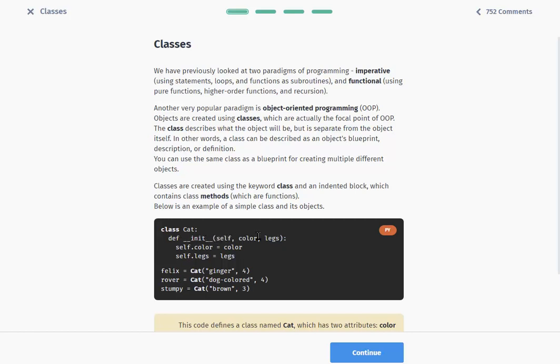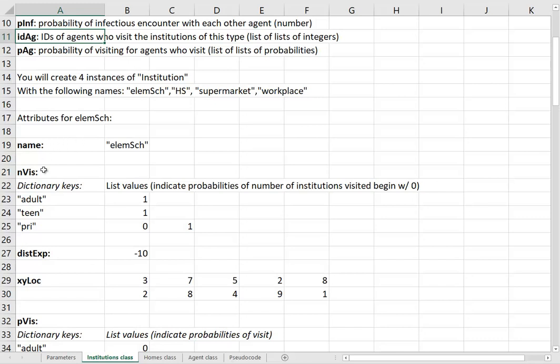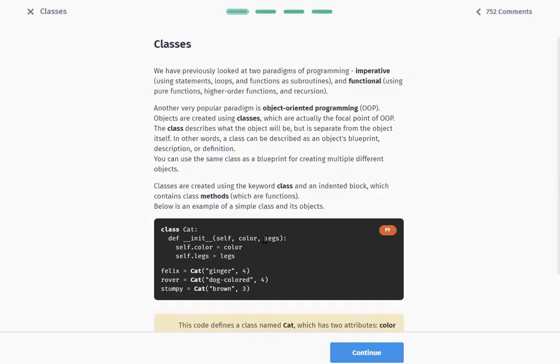So these are the attributes that I'm talking about here. Each one of these attributes, for instance, name, NViz, dist, xyloc, will all be attributes that you put in this list. And then you will do this kind of thing to initialize. So I'm telling you how to initialize here.